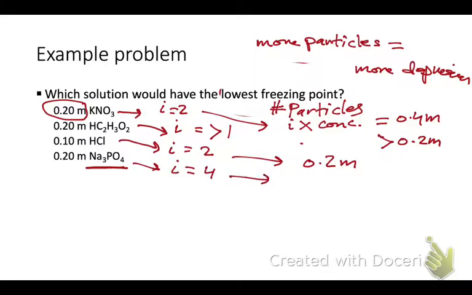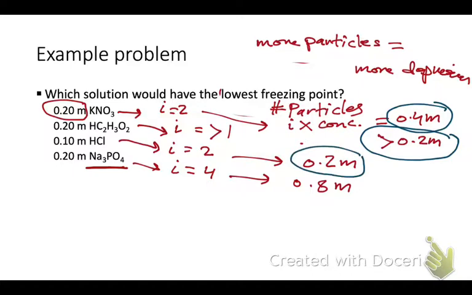So the total number of particles, 4 times 0.2, will be 0.8 molal of particles. So let's now circle the number of particles for each one of them. For potassium nitrate, we have 0.4 molal. For acetic acid, we have slightly higher than 0.2 molal. For hydrochloric acid, we have 0.2 molal, and for sodium phosphate, we have 0.8 molal.